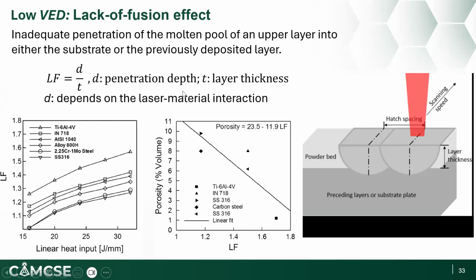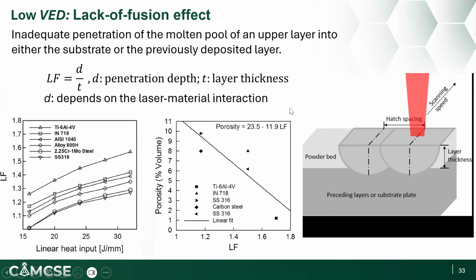The first type of defect is, as I said, the so-called lack of fusion defect. In this case, you have a low volumetric energy density. When you melt the powder, the melt pool penetration depth, the laser penetration depth, is not sufficient to penetrate into the previously built layer.